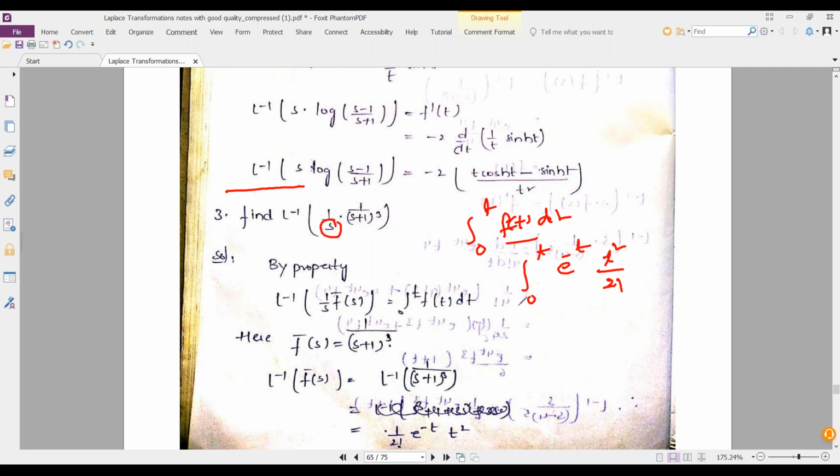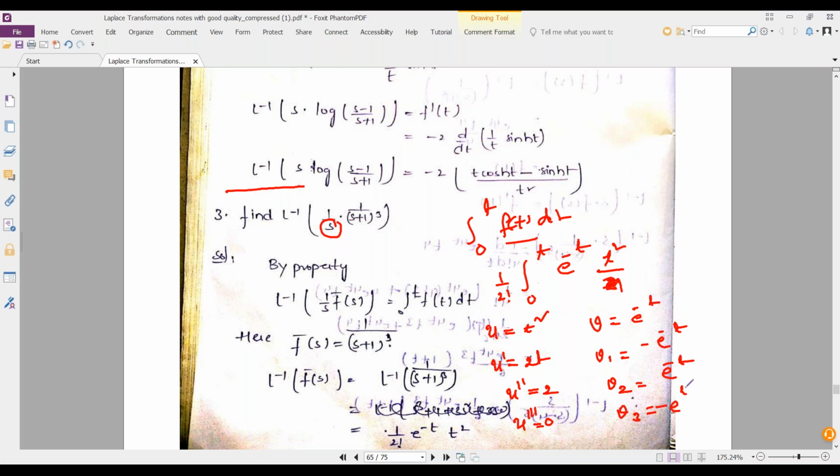Clearly, by the UV formula or Leibniz rule, I can write u equals t square by 2, or 1 by 2 factorial, throw it outside, t square. v is e power minus t, u dash is 2t, u double dash is 2, u triple dash is 0. v1 is minus e power minus t, v2 is e power minus t, v3 is minus e power minus t.